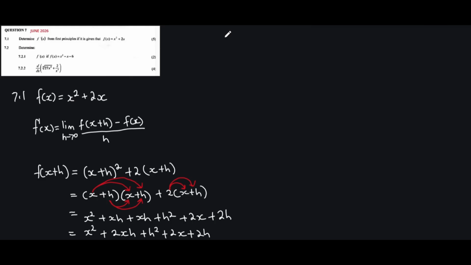So let's just go and rewrite our formula. It says f prime x is equal to the limit when h approaches 0 of f of x plus h minus f of x, and all these divided by h. So we're just going to put everything that we have there.